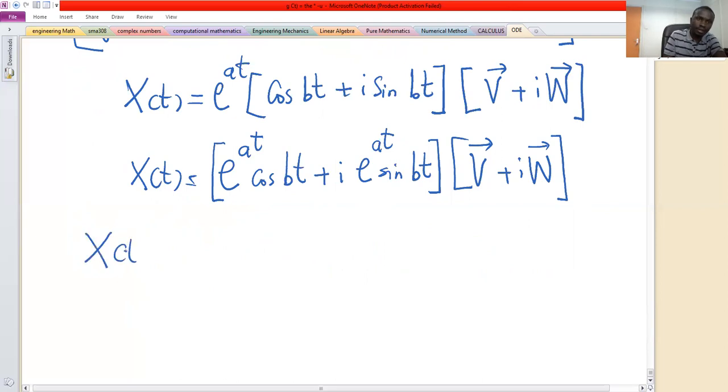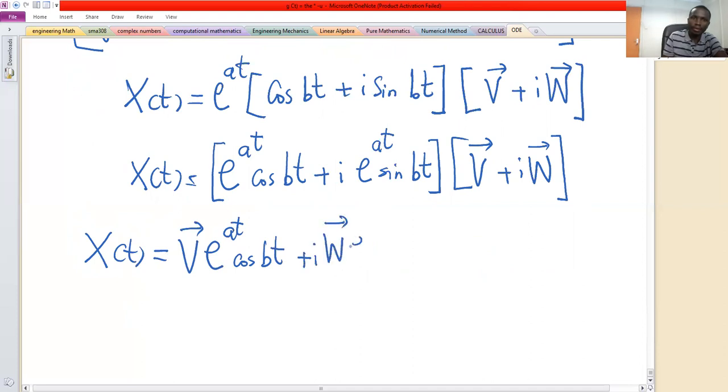So x of t will be: this by this will give me v e raised to the power a t cosine of b t. This term and this term will give me plus i w e raised to the power a t cosine of b t.